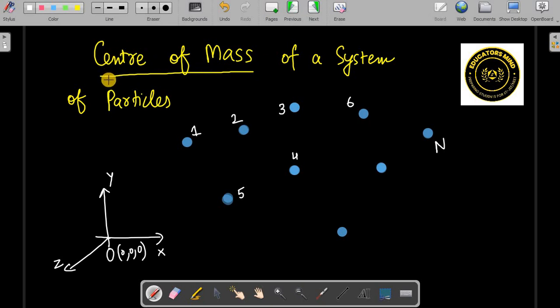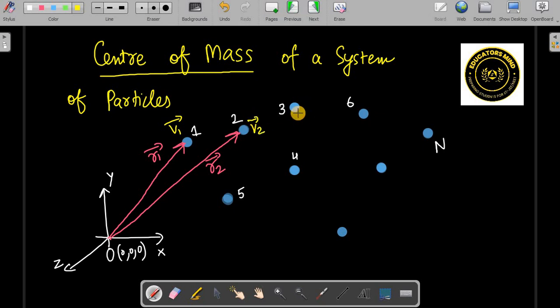Now, first of all, each of these particles has a different position vector. When you draw a straight line like this, it is the position vector of the first. Similarly, this will be the position vector of the second, and so on. Each of them will have some velocity: v1, v2, v3 vectors, and so on.